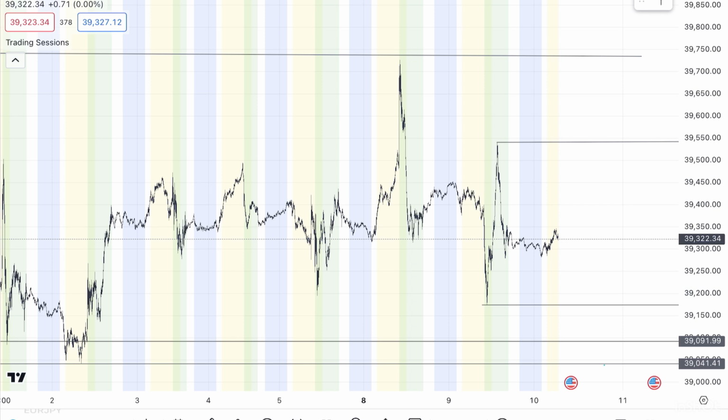Thank you so much, guys. I hope you've learned something today. We've talked about the daily range liquidity, the liquidity that lies on the daily high and the daily low. And we've also seen that each day that comes by, the market has to make sure that it takes the upward liquidity if the market is bullish, and the lower liquidity if the market is bearish.